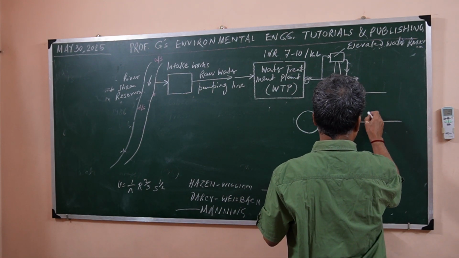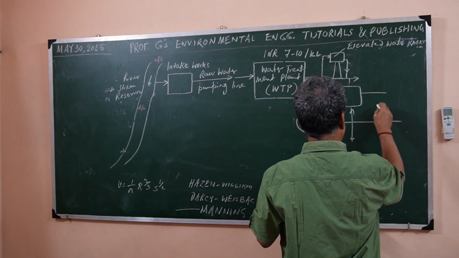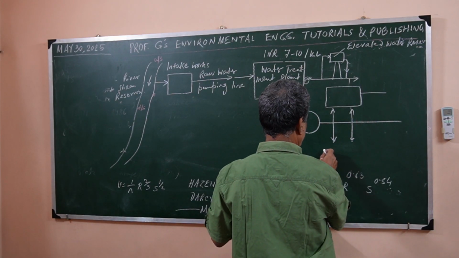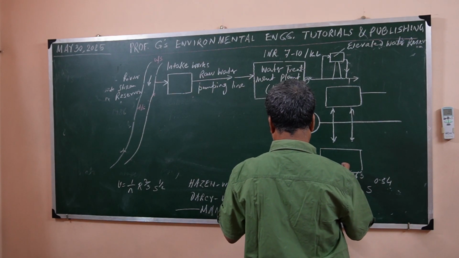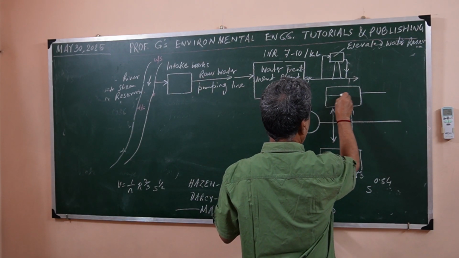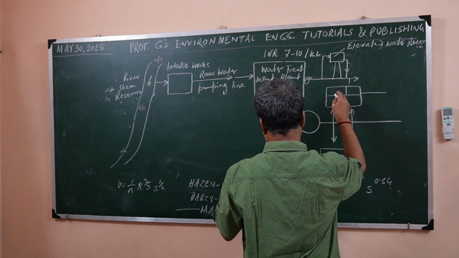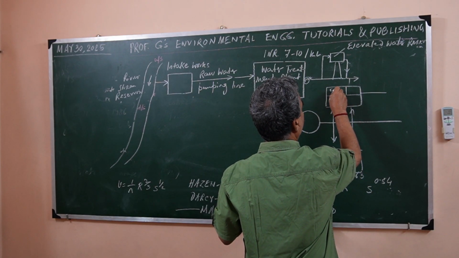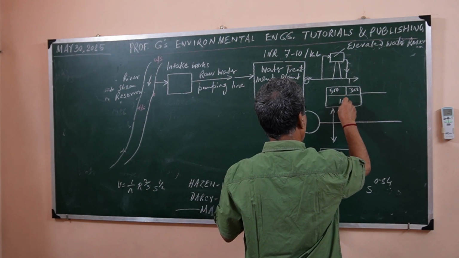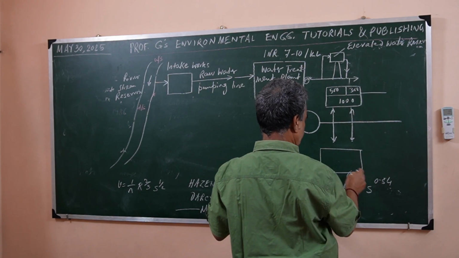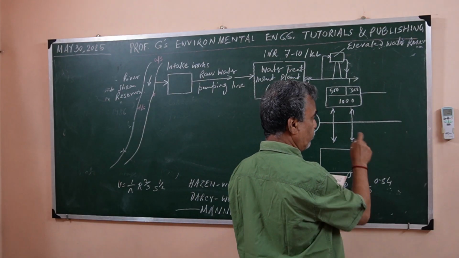Now this may be connected this way, and another this side, and different parts may be there. Say here the population may be 500, then this is 300, this is say 1000, like that.